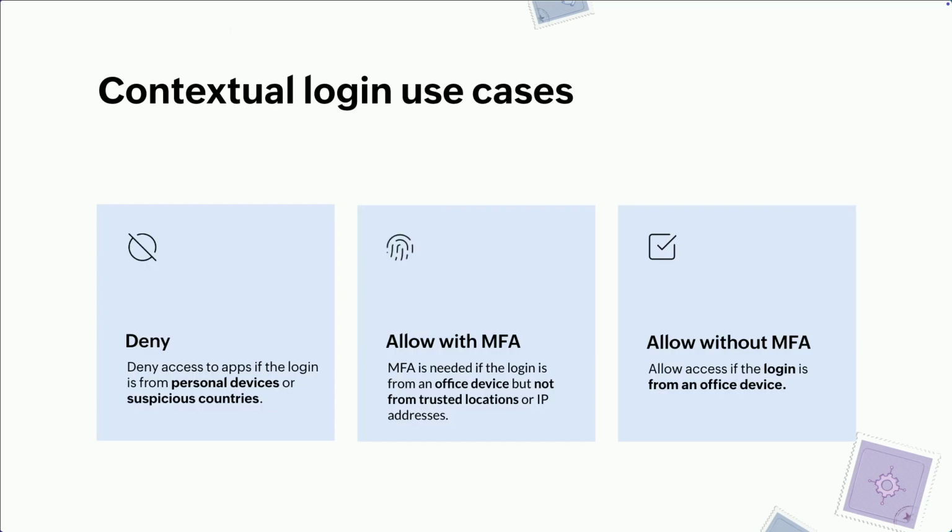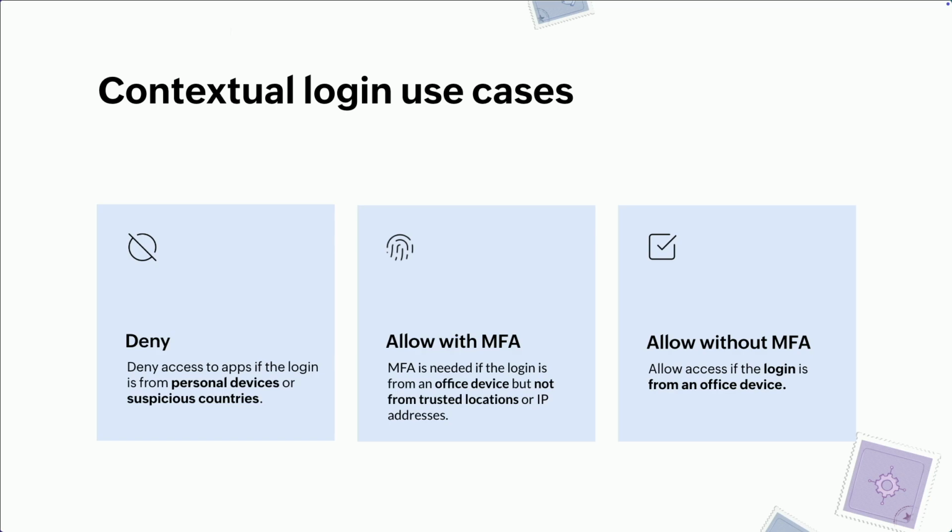Coming to the contextual login use case, to all the people who are aware of Active Directory, let me ask a question. Let's say you are the IT admin of your company and there is a marketing group which keeps traveling, right? You need to put a condition saying that if any member from my marketing group uses a personal device or logs in from a suspicious geolocation or country, you should not allow them to log in at all.